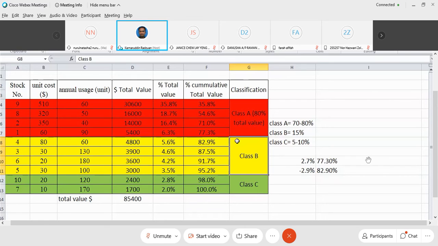So, to decide which item will be included in class B item, we need to add 50% to the 80% here. We add in 50% as a guideline to the total cumulative value 80%. So we get the new cumulative percentage total value for class B item at 95%.